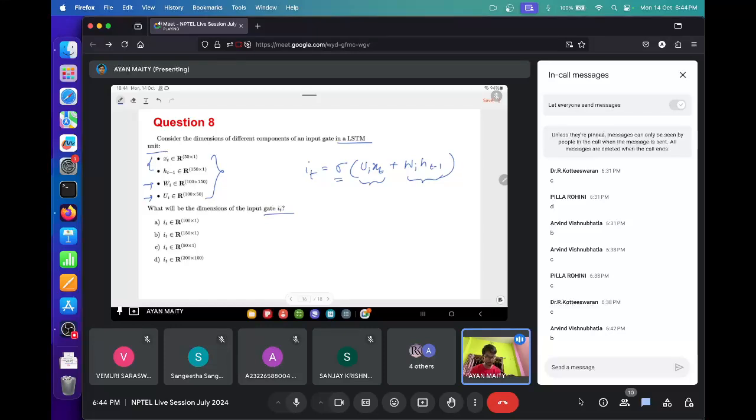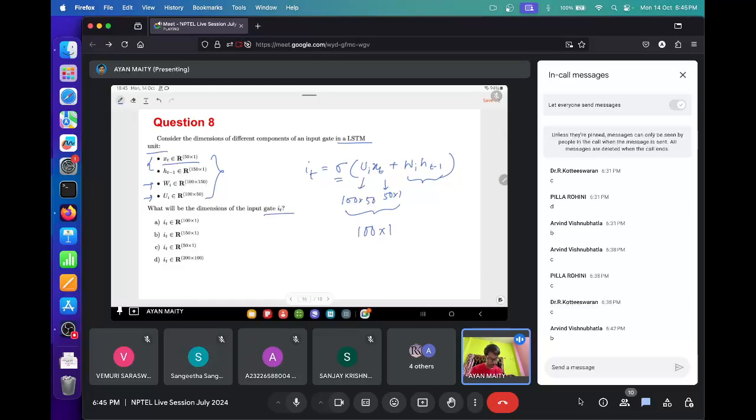The dimensions for these four matrices are given. Xt belongs to R to the power 50 cross 1, and ui belongs to R to the power 100 cross 50. So this is 100 by 50 and this is 50 by 1. Multiplication of these two matrices would give you a matrix of 100 by 1.